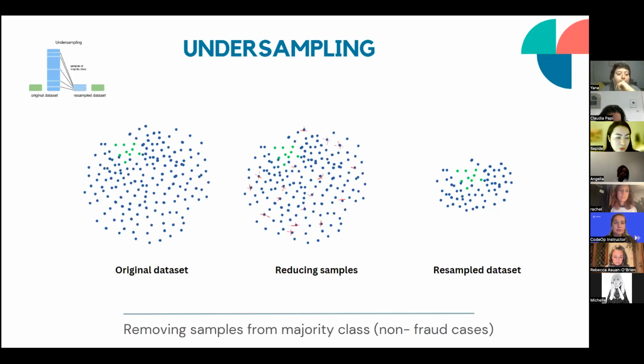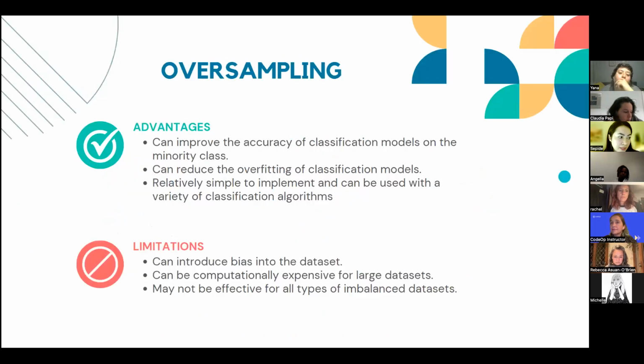But this also has its own advantages and disadvantages. It can improve the accuracy of classification models on the minority class, which in this case is our fraud cases, it can also reduce the overfitting of classification models, and it's relatively simple to implement.